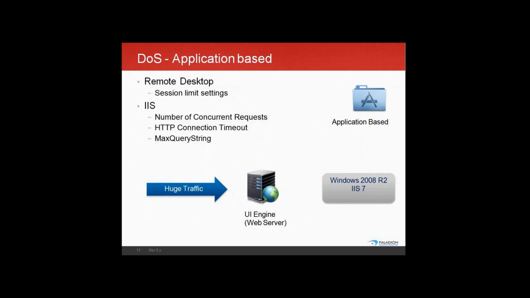For example, in the UI engine, all the .NET or ASP.NET related services, the IIS admin services, and the world wide web publishing services are supposed to run because it is actually serving the traffic. But you don't need these services to be running on your backend engine. So why keep them running? Why not shut them down? So this is more of a preventive technique.